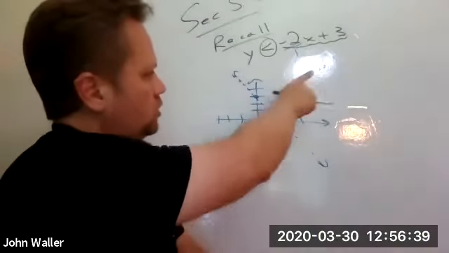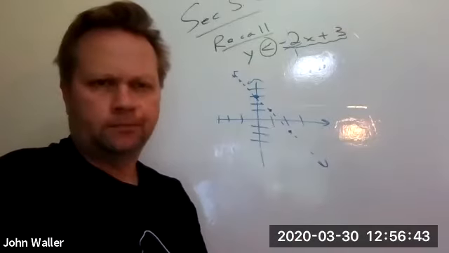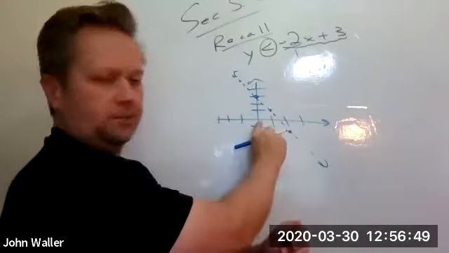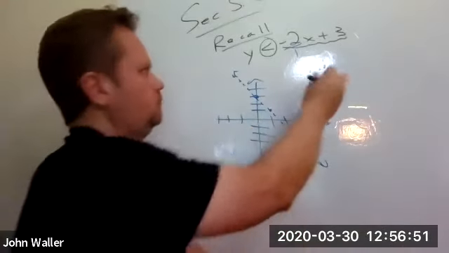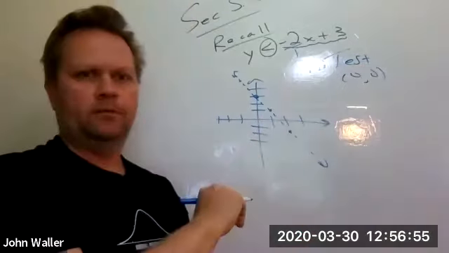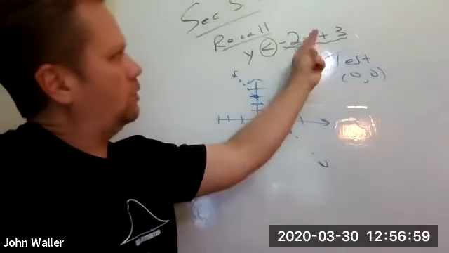Now, which method do you like to use to figure out which side to shade? Oh, okay, so I can use a test point. Remember that method? If I use the test point 0, 0, is 0 less than 0 plus 3?